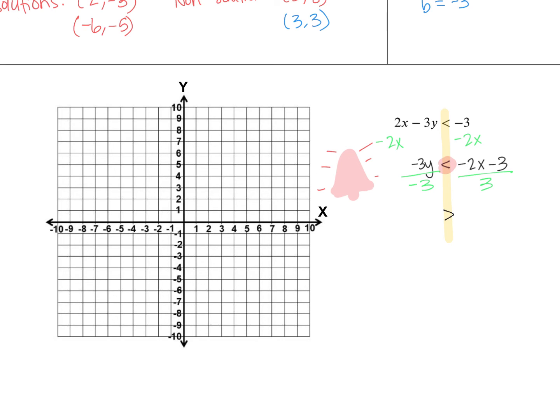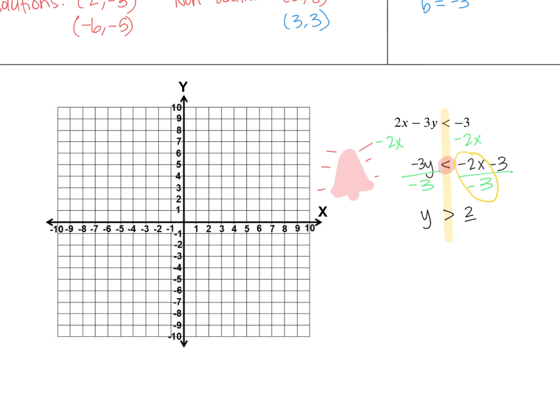All right, so now we actually can divide by -3. So on the left side here, we get y is greater than, and then we're going to bring back that heart method. Remember that, where we circle what we're simplifying in this fraction. So -2x divided by -3 simplifies to just positive 2 over 3, because a negative divided by a negative is a positive.